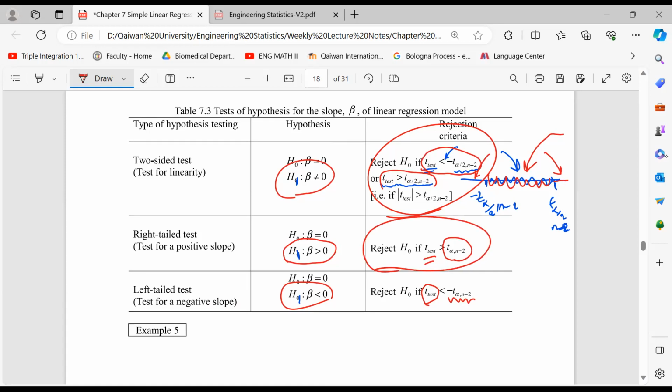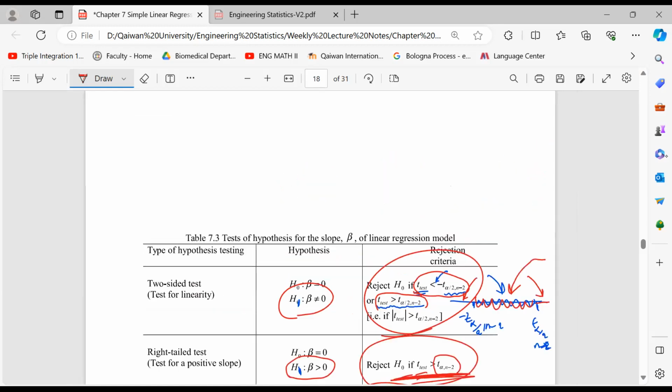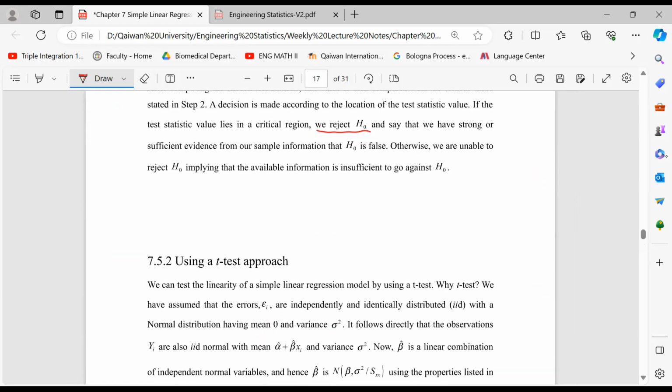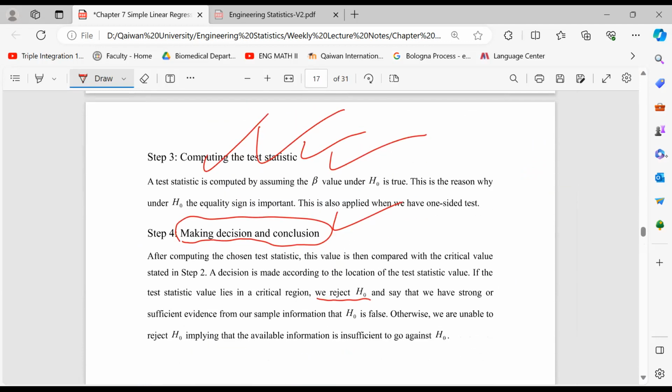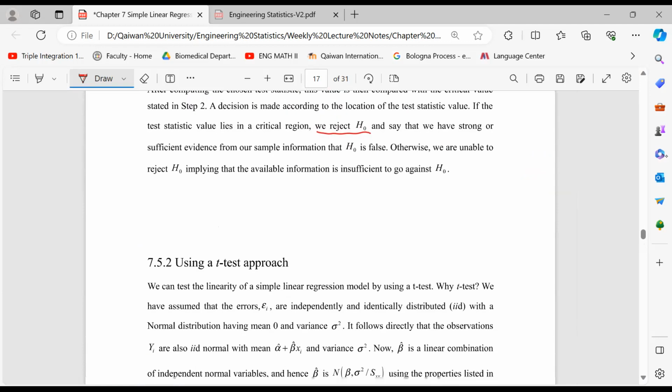In the positive side case, we reject H naught if this condition is satisfied, and in the negative side case, if this condition is satisfied. We write down that condition: as TTS is greater than this one, or as TTS is less than this one. That's why we could reject H naught or not.